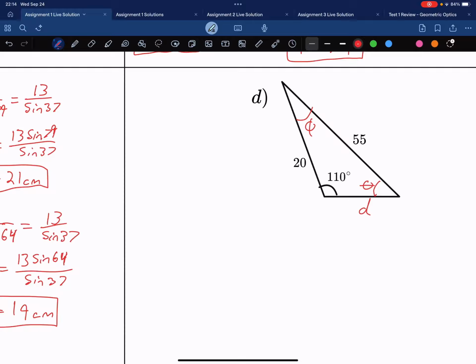So, angle theta, sine theta over 20 equals sine 110 over 55. Multiply both sides by 20. And take the inverse sine of both sides.